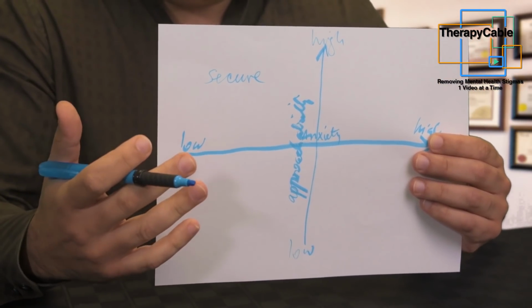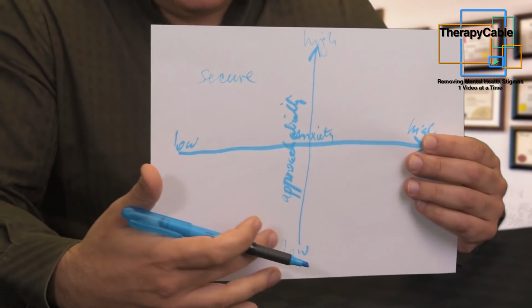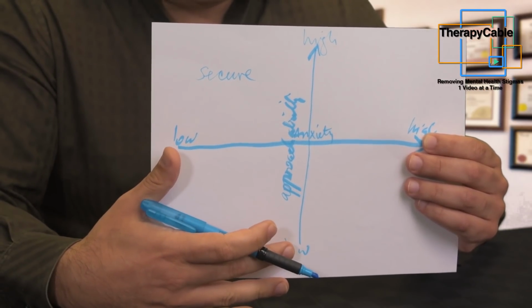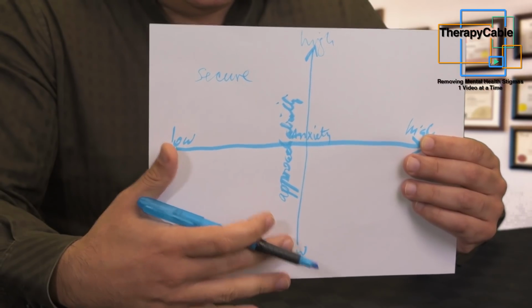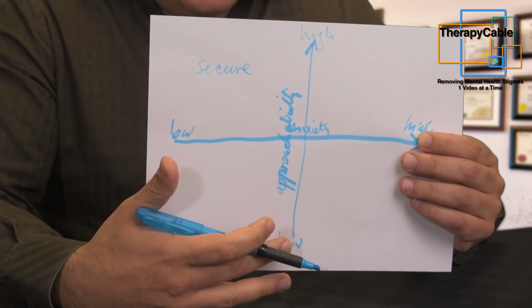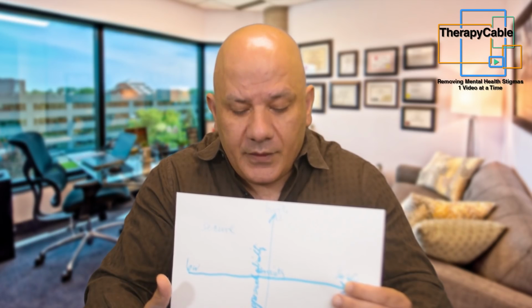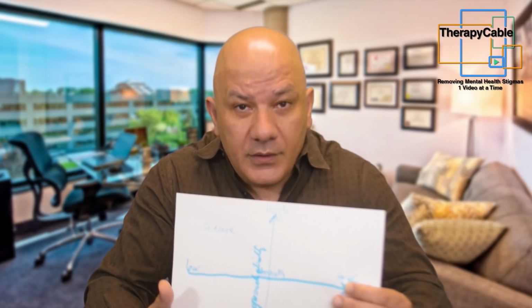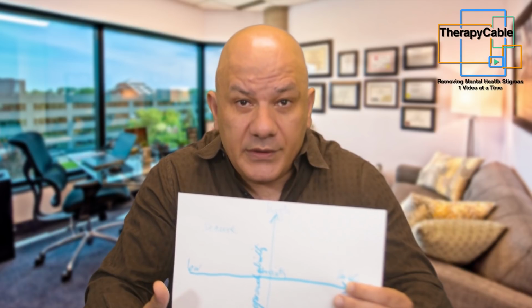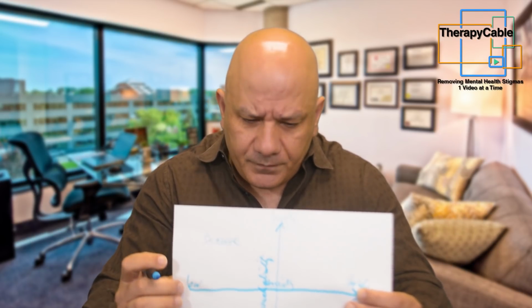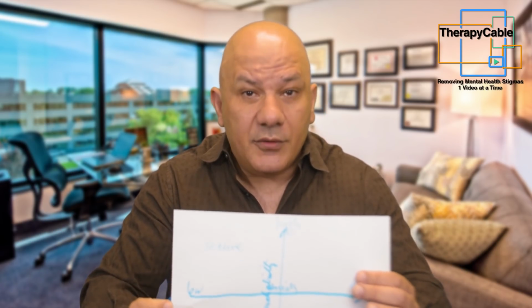The infant is not really experiencing much anxiety, but also they are not feeling like they can approach the caregiver. So in their experience, they have to avoid that person. They don't approach this individual because they may believe that this person is emotionally not available. So here basically we have the avoidant style, which is the insecure style.